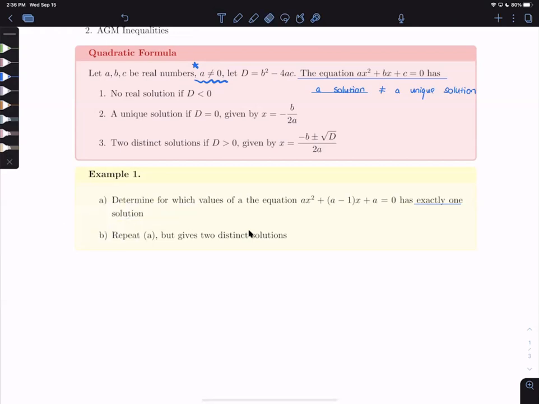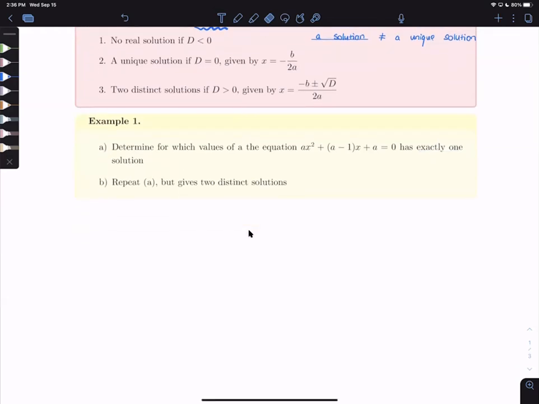Let's do this. Someone tell me, what do I do first? How do I do this question? What is my first step? Find D. Okay, yeah.